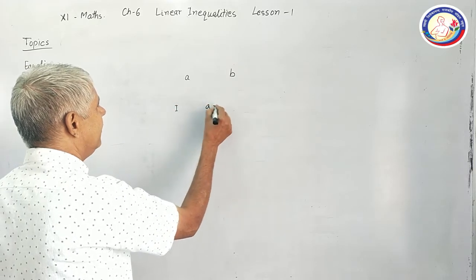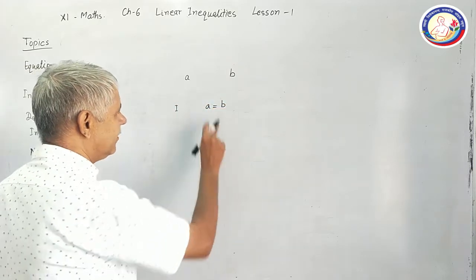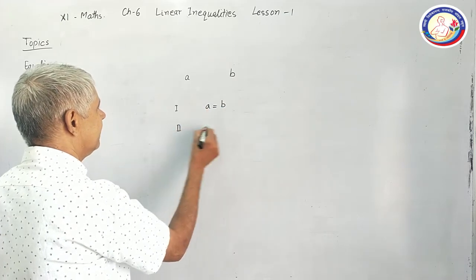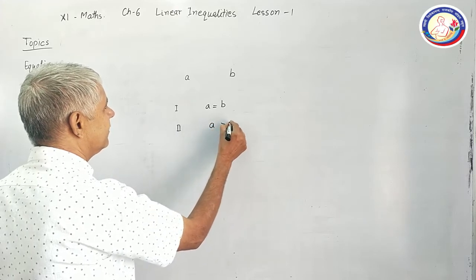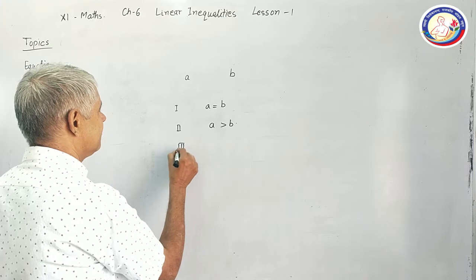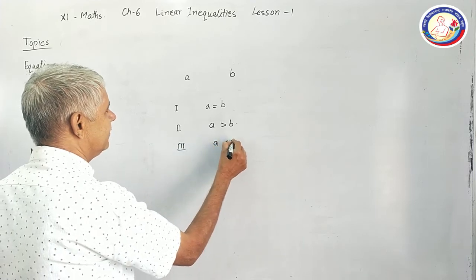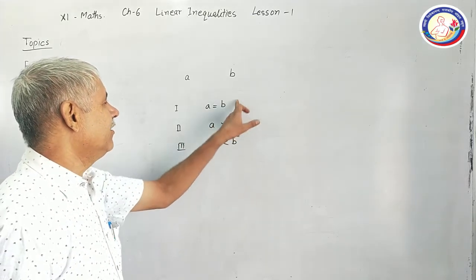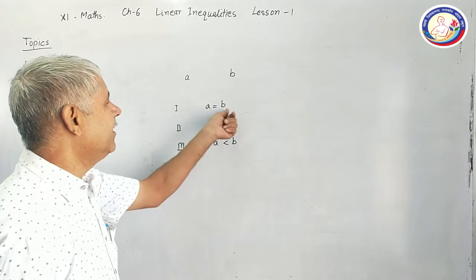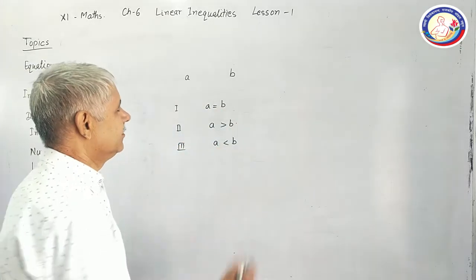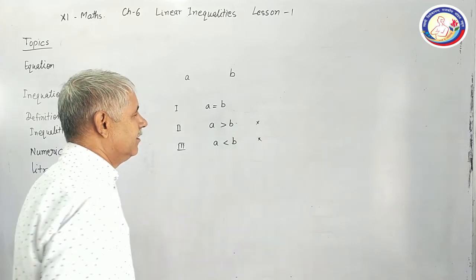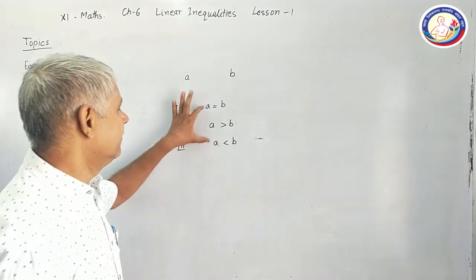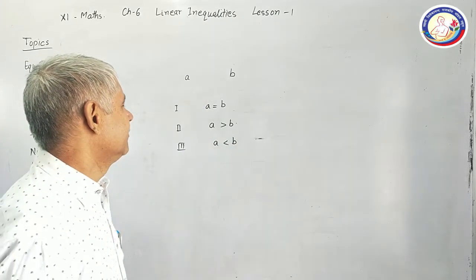First, A is equal to B. If both the two numbers are equal, then A will be equal to B. Second, A may be greater than B. Or third, A may be less than B. So, out of these three conditions, one will prevail always. If A and B are equal, then these statements are false. If A is greater than B, then the remaining two are false.